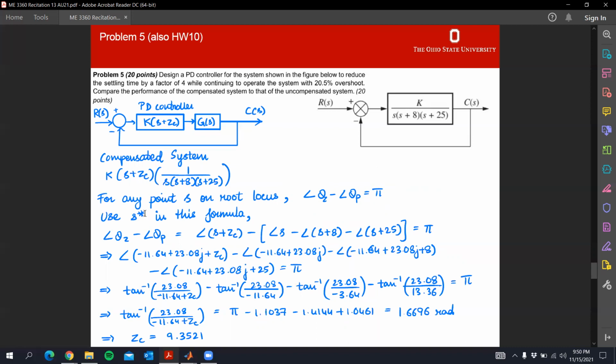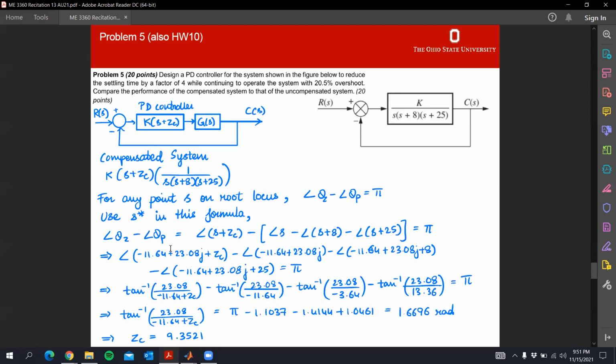So let's use S star, which is the new pole position that we had evaluated, and plug that into this equation over here. As you can see, we end up with this expression where the only unknown is the location of the zero for our PD controller, right? All the other locations are known beforehand.